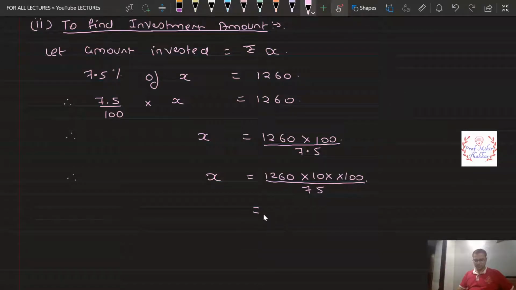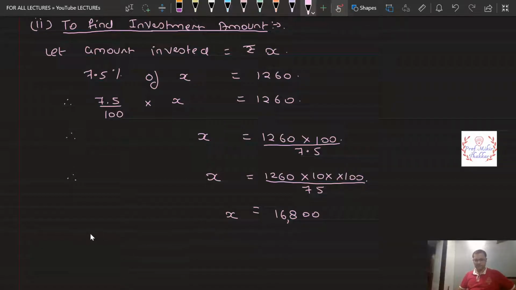Once again, as I told you in the beginning, if you are not very good with calculation of decimals, then convert it into a whole number by multiplying and dividing by 10. And when we solve this fraction, we get X is equal to 16800, which is basically 16,800.